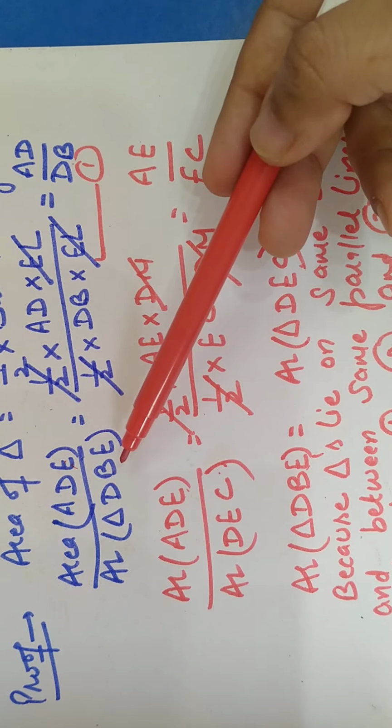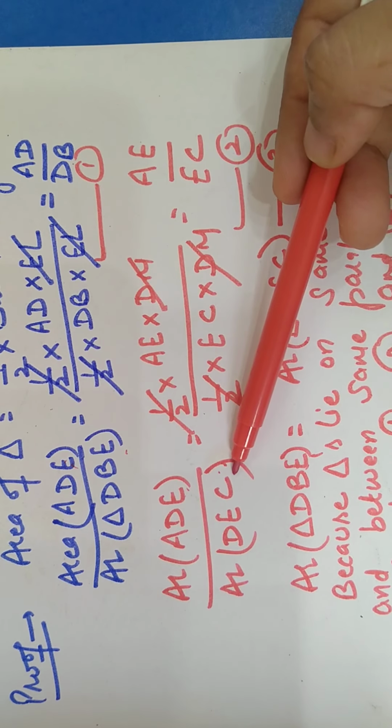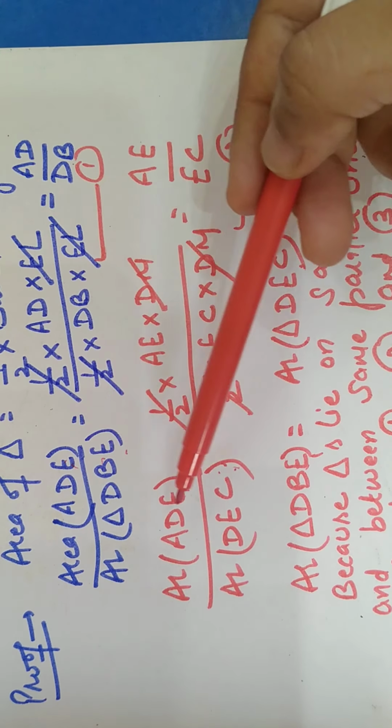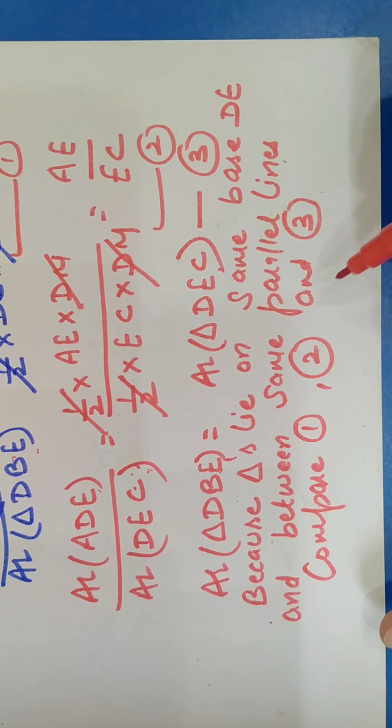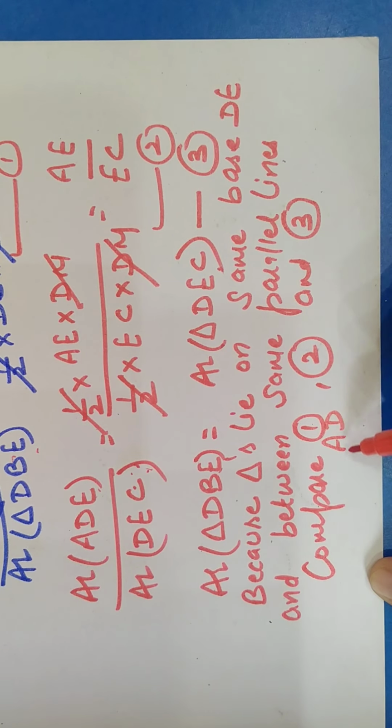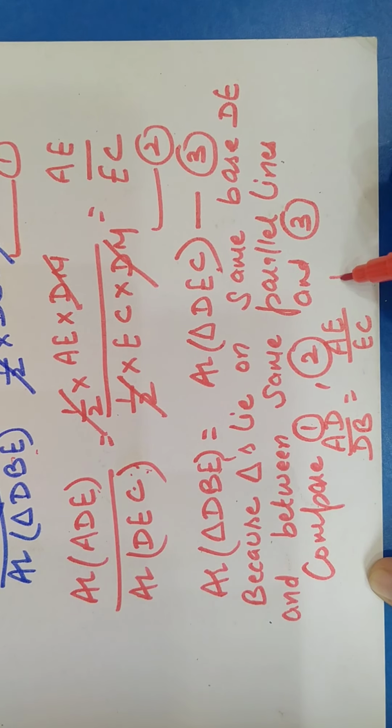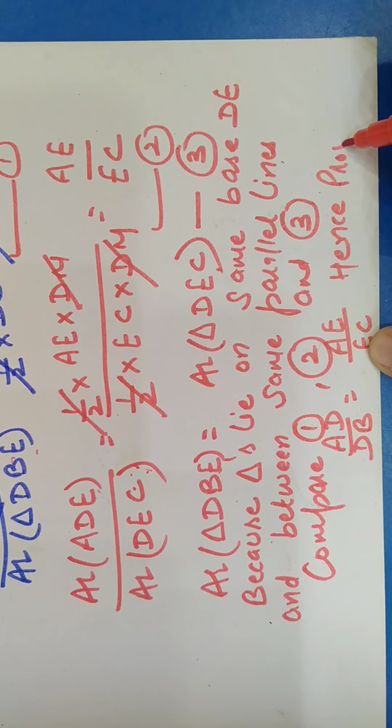It means in place of DBE, you can write DEC. So if left hand sides are the same, we can say the right hand sides are also the same. It means after comparing, we can say AD upon DB is equal to AE upon EC. And the same we had to prove, hence proved.